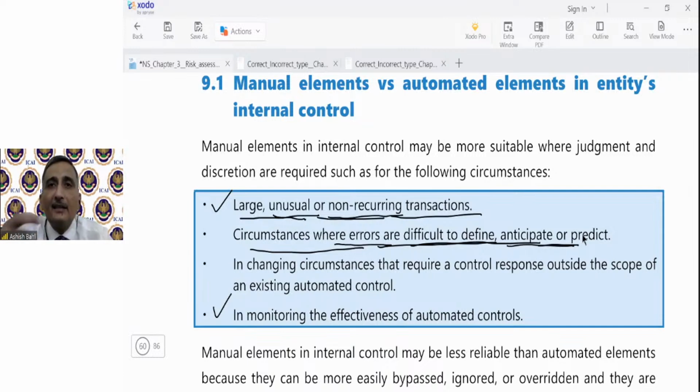So it is again a job of monitoring of controls. So there also manual intervention would be required, because who would review कि जो IT सिस्टम ने रिपोर्ट्स प्रोड्यूस की हैं, whether these serve the purpose. तो उसको देखने के लिए भी तो कोई ना कोई ह्यूमन इंटरवेंशन चाहिए, कि कोई ना कोई लोग ही देखेंगे उसको. सो इन सच केसेस मैनुअल एलिमेंट्स इन इंटरनल कंट्रोल आर more suitable. Okay.